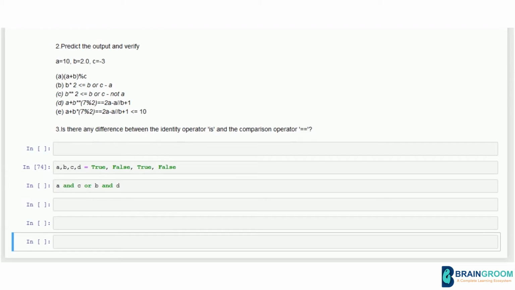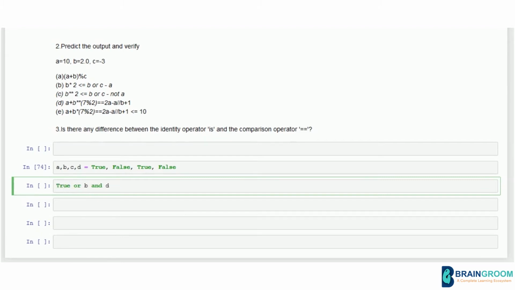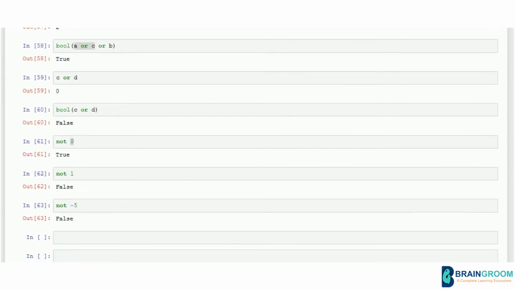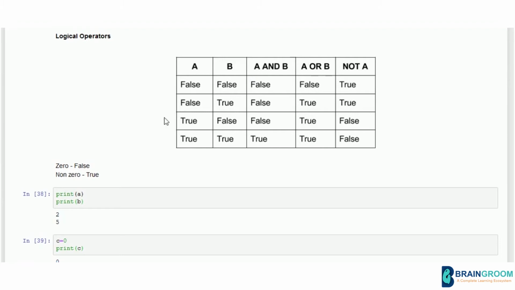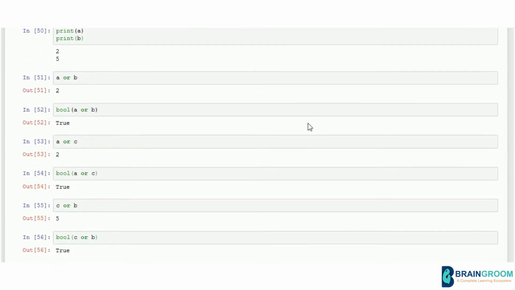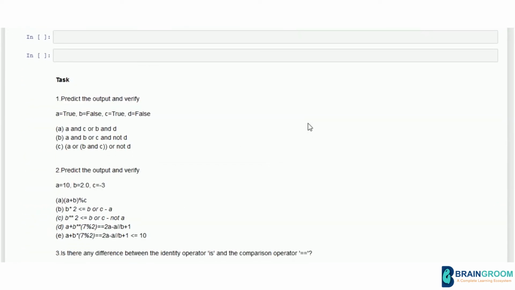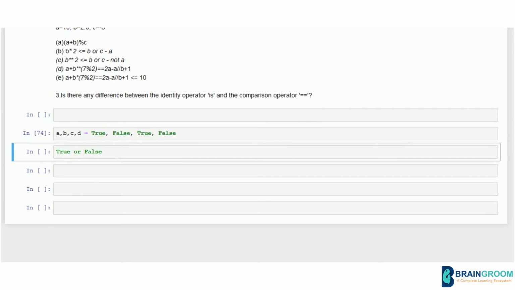A and C, which is True and True, so the answer is True. Then we have another AND over here, B and D, that is False and False, so it is False. Now we have True or False. If you look at the truth table, True or False is True, as you know, in OR, even if one value is True, the output is going to be True. So the entire result of this expression is True.